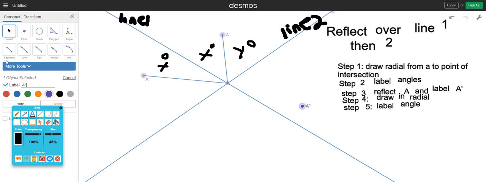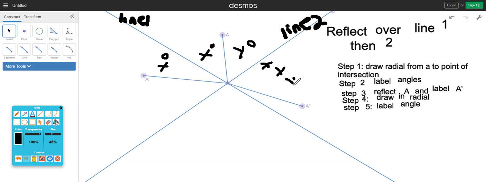Okay, so next we're going to draw in that radial, and then we are going to label this whole distance. I had to go x, x, y over. So let's go back to those steps.